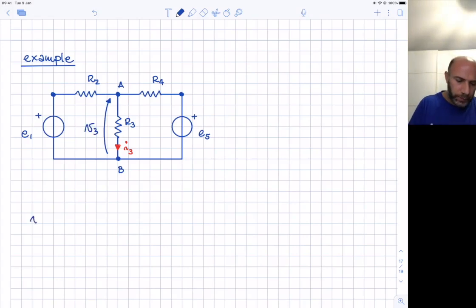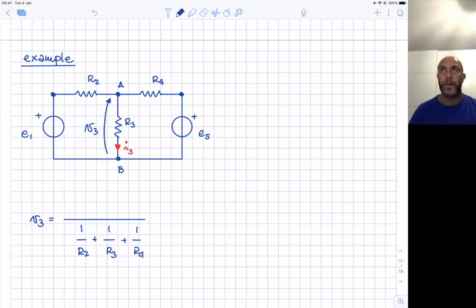In this case, V3 is equal to a fraction. The denominator is made by 1 over the resistances that are in each branch, so we have 1 over R2 plus 1 over R3 plus 1 over R4.